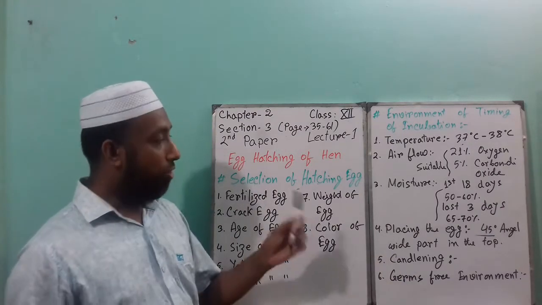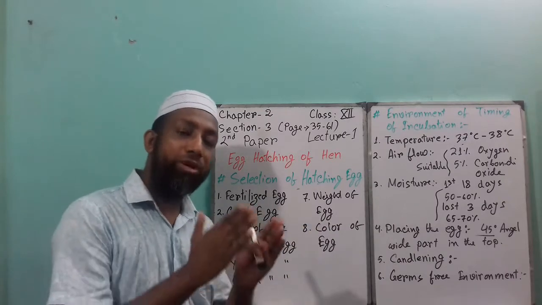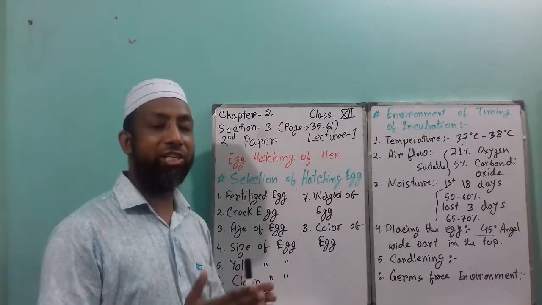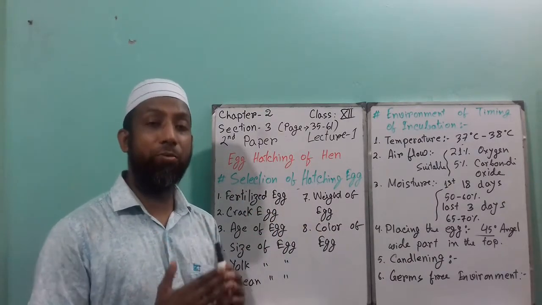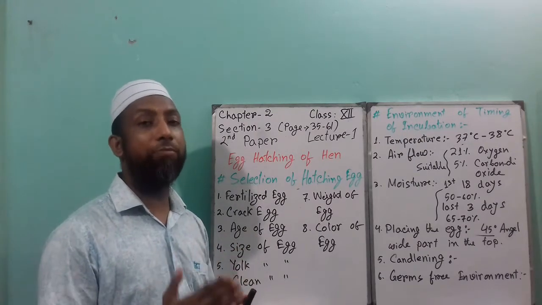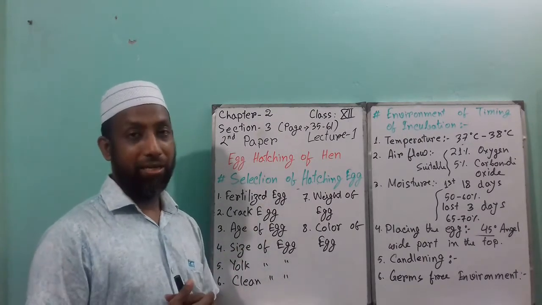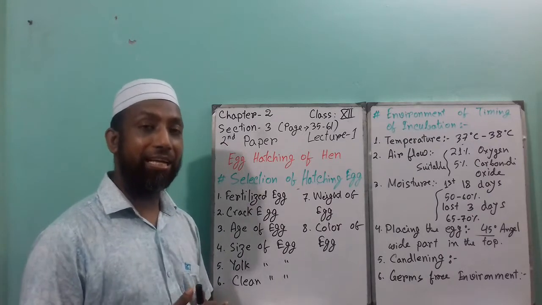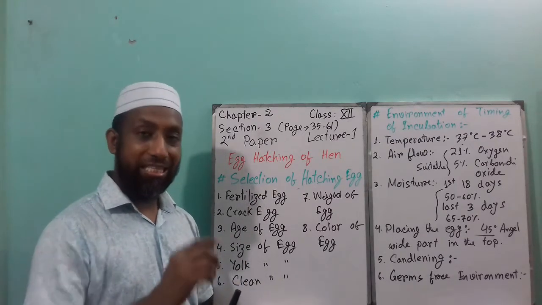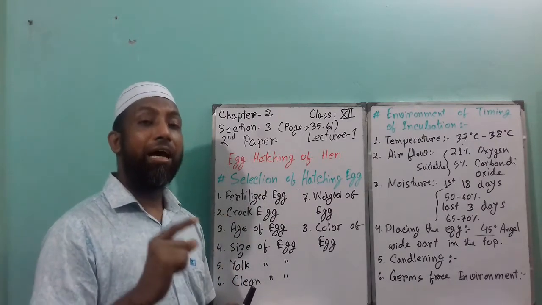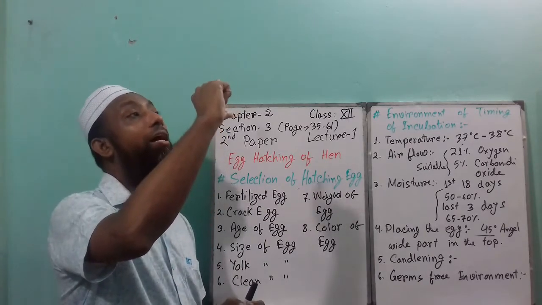candling. We know that they need about 21 days for hatching the egg. That is incubation. But every time you have to observe the egg properly. That means you candle the egg. So how do you candle it? Take the egg and place it in front of the light.